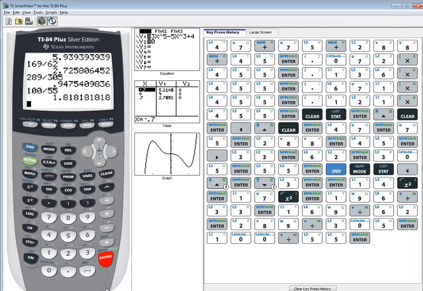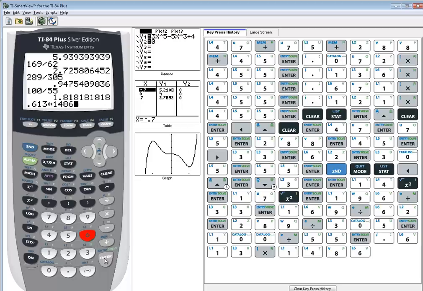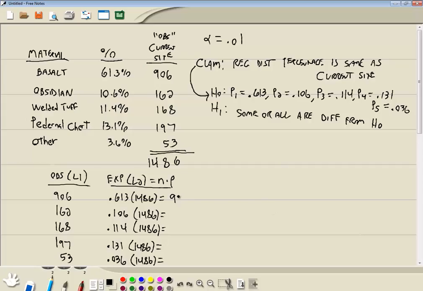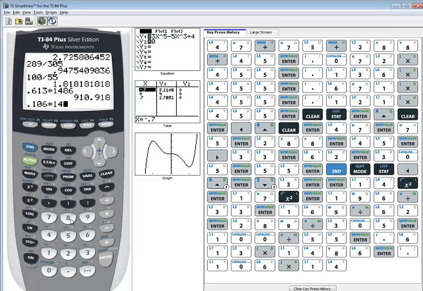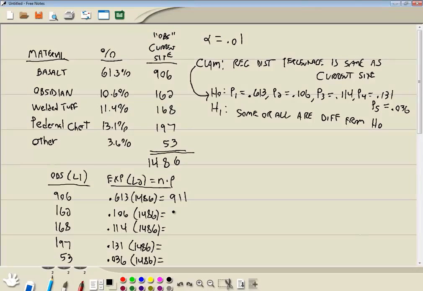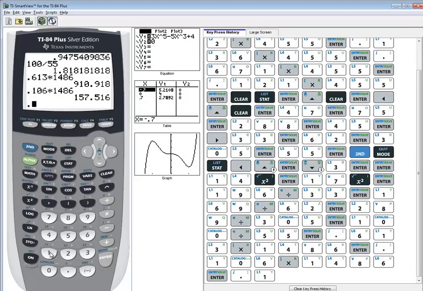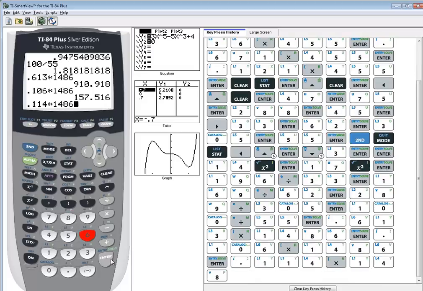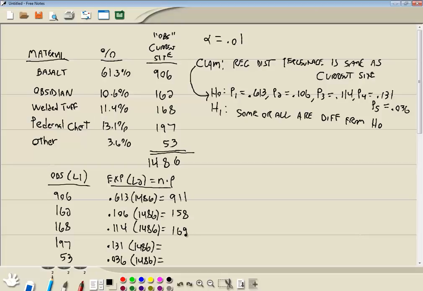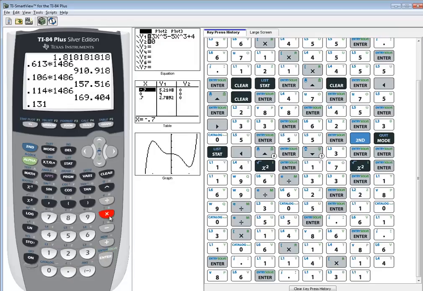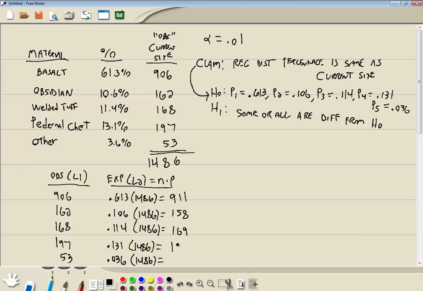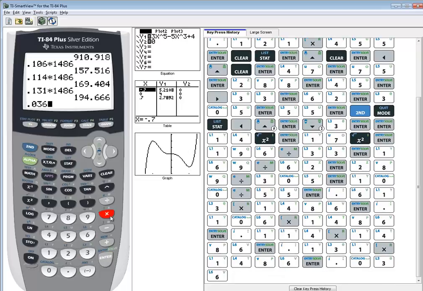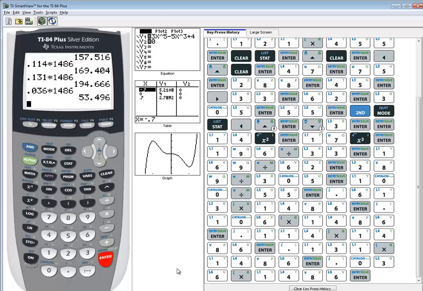Okay, let's see what that gives us. 0.613 times 1486, and we round like normal, so this will be 911. 0.106 times 1486 gives us 158. 0.114 times 1486 gives us 169. 0.131 times 1486 gives us 195. 0.036 times 1486 gives us 53.